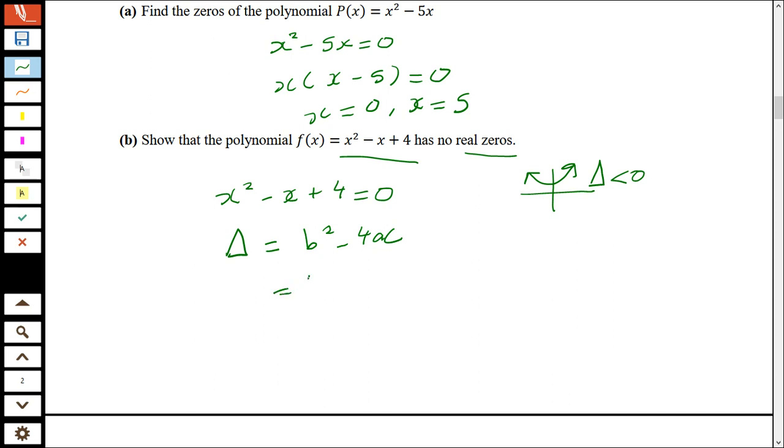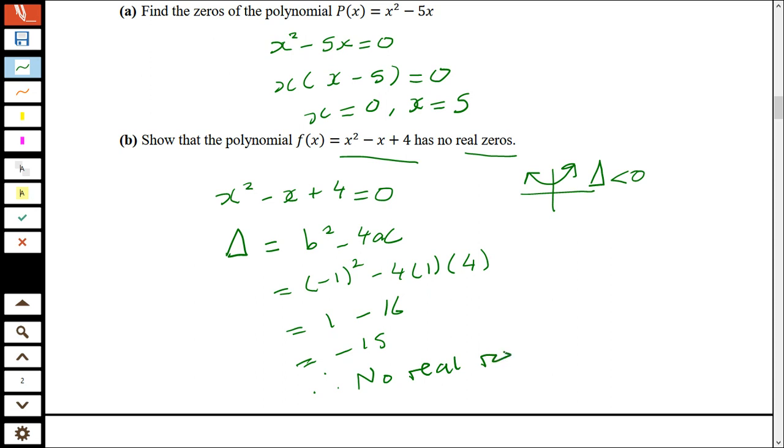So that's going to be (-1) squared minus 4 times 1 times 4, which gives you 1 minus 16, which equals -15. So therefore no solution. Therefore no real roots. Okay, so no real zeros.